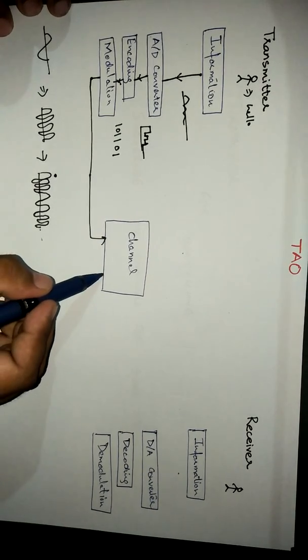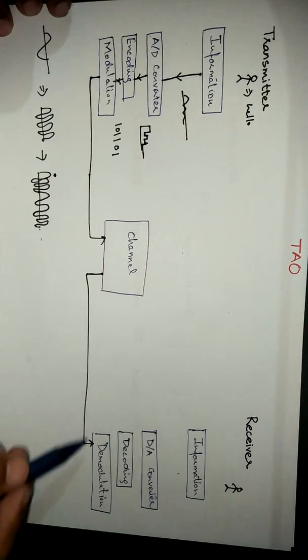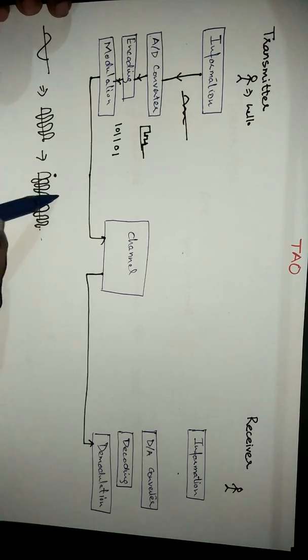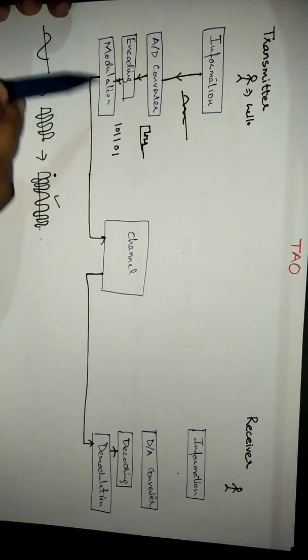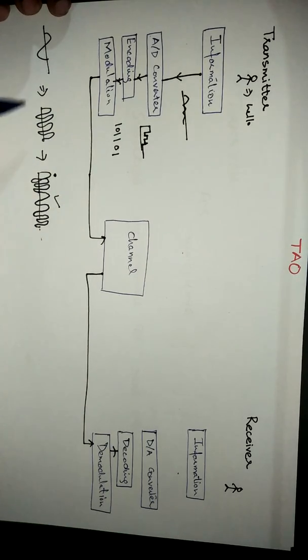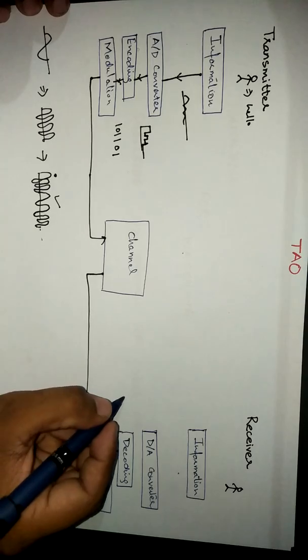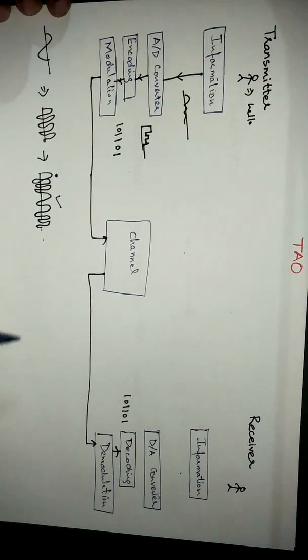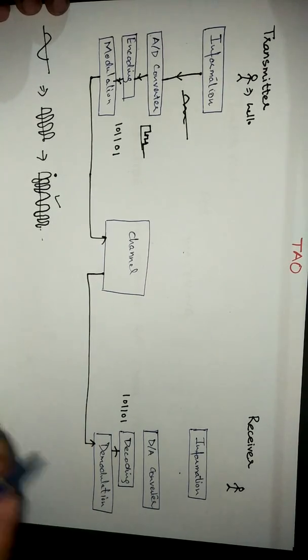This channel will pass the modulated signal to the block over here that would demodulate, that would extract the message signal from this modulated signal. Then it would be decoded. Decoding means to extract this from this. So what we should have over here is 10101. This must be received for us to have reliable communication.